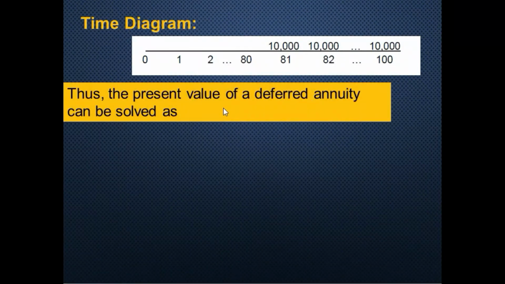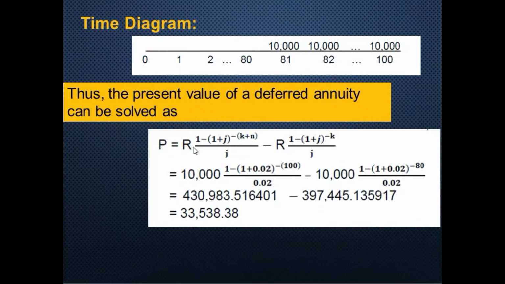Thus, the present value of the deferred annuity can be solved with this formula. You substitute your regular payment of 10,000 pesos, J as the interest rate per period, which is 0.02, K plus N, the number of payments, which is 100, and K as the artificial payments, which is 80, and J again as 0.02.